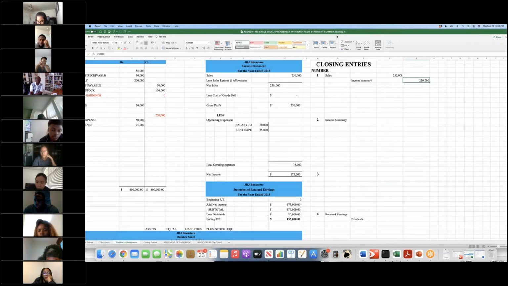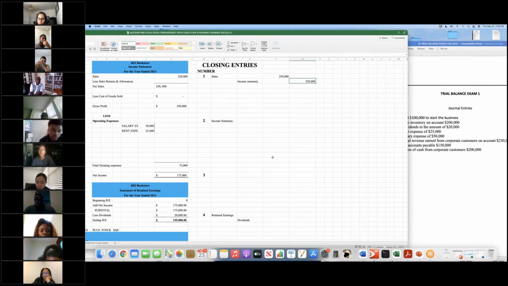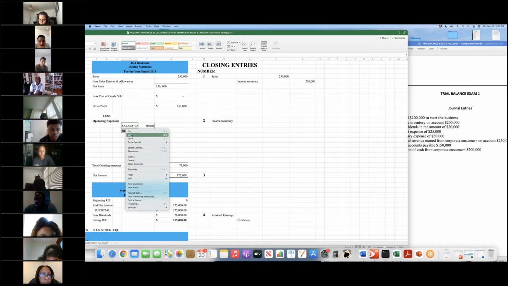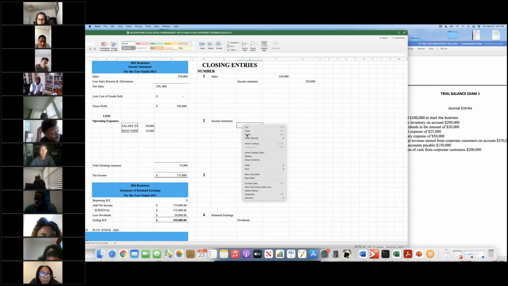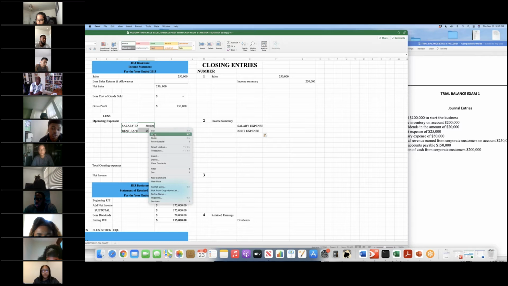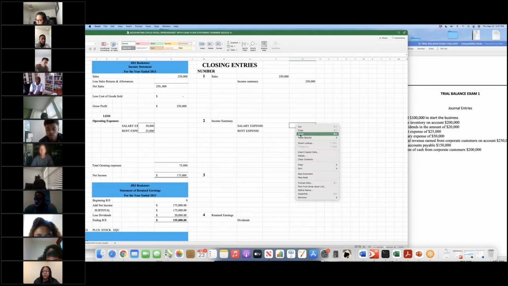Let's go to closing entry 2. In closing entry 2, we're going to debit income summary, and we're going to credit these 2 expenses. Then we're going to go in here and get the amounts. Yep, we're finishing it up.